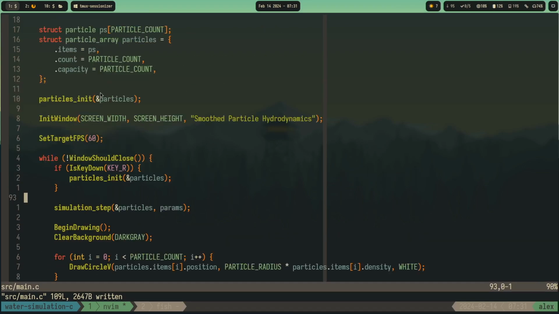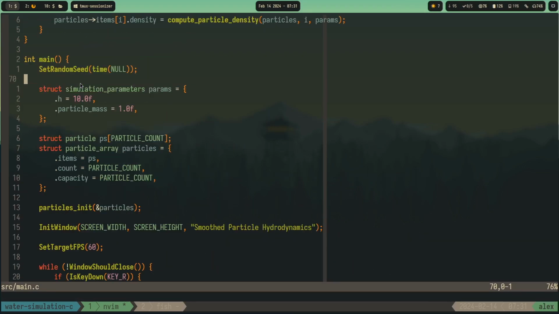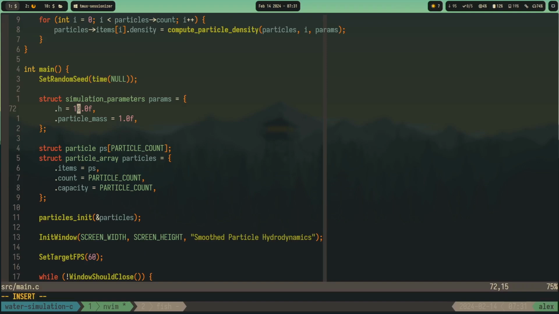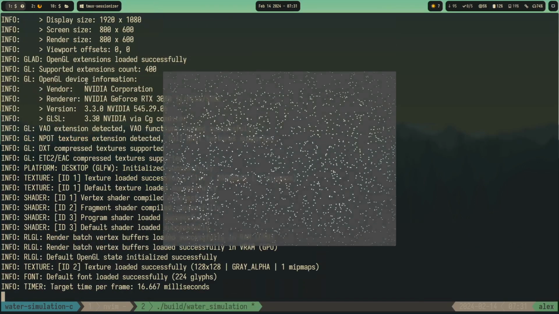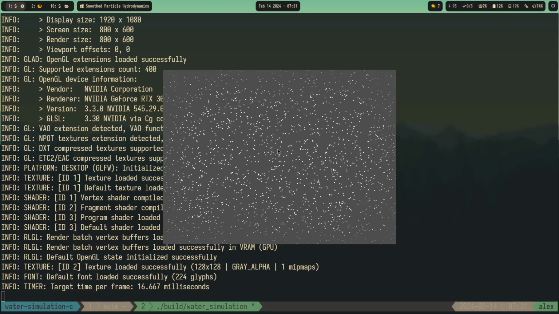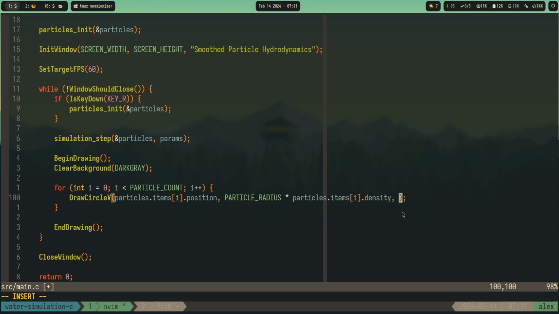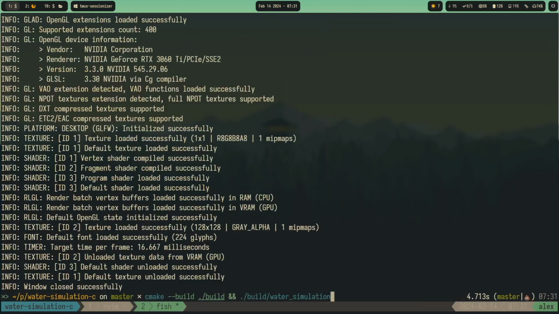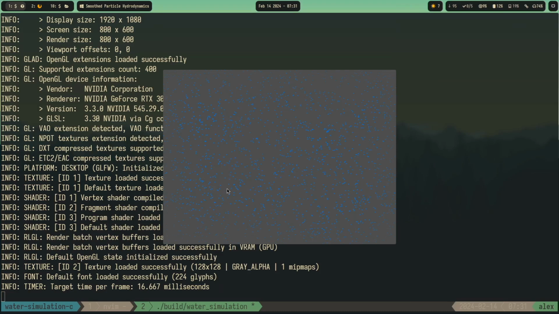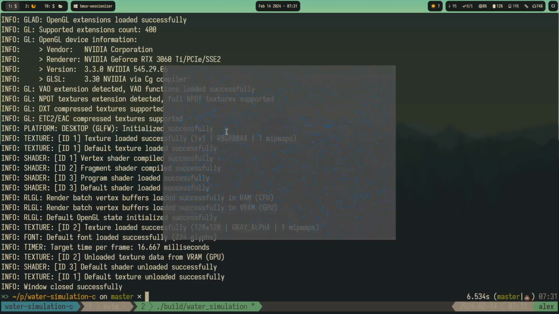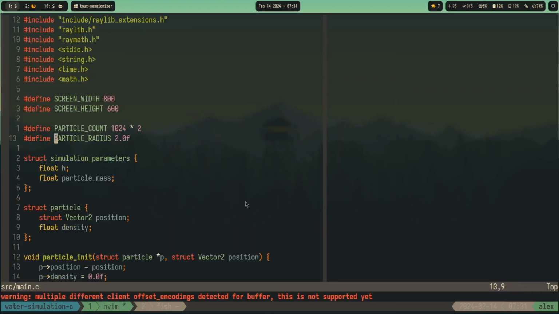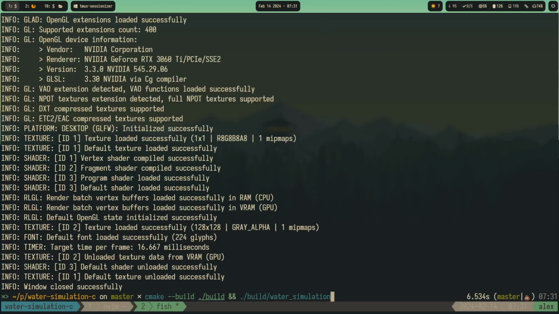So let's try to increase H to, I don't know, 100. Yeah, somehow it looks better, but let's make this blue. But see, where there are more points, they look a bit larger. Let's try to do the radius, like, what, 20, I don't know.